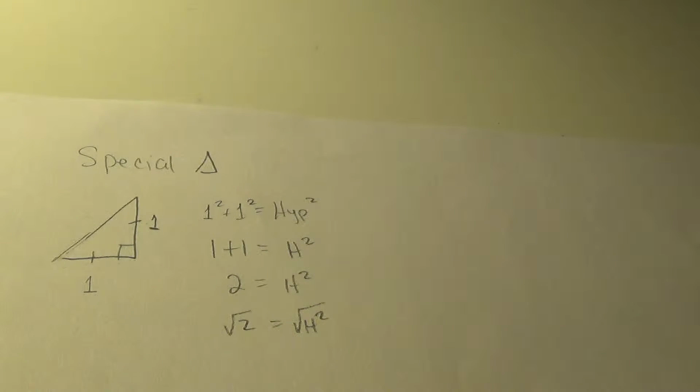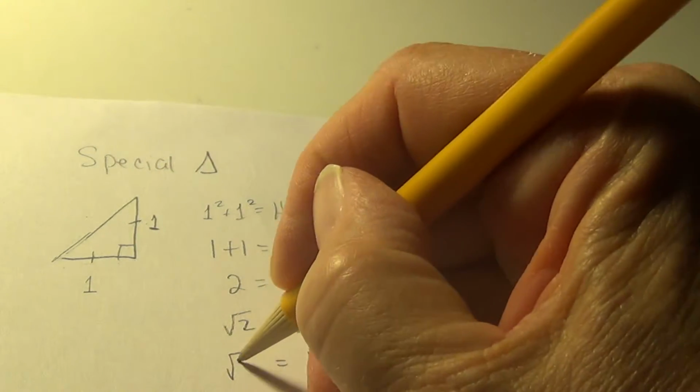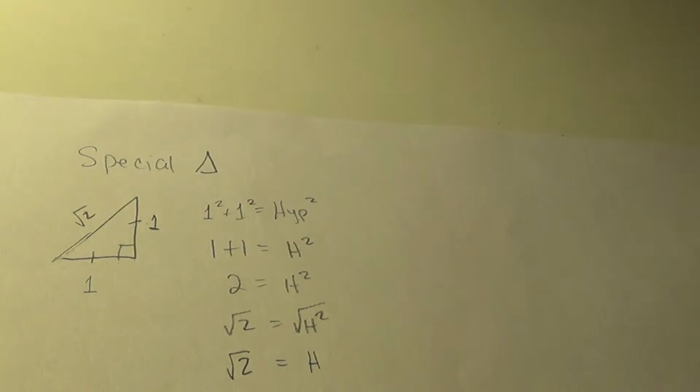Square rooting both sides, I get the hypotenuse equals the square root of 2. So I'm going to put that on the hypotenuse and ready to go with my trig functions.